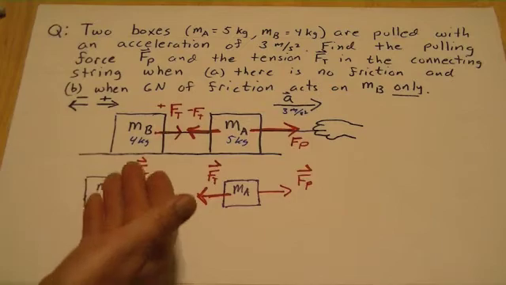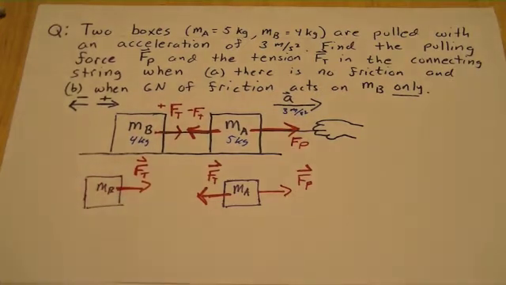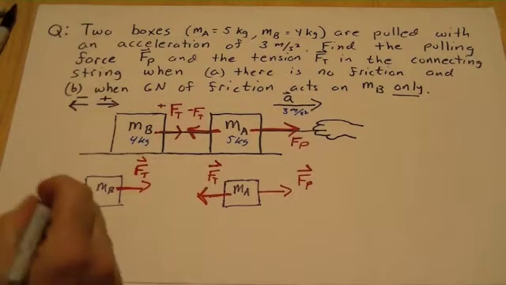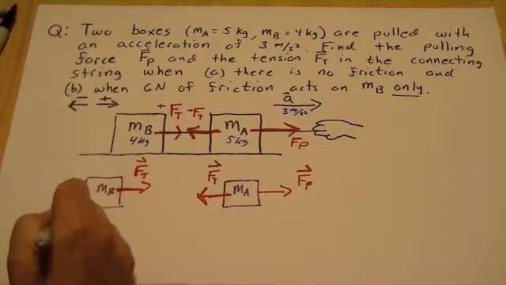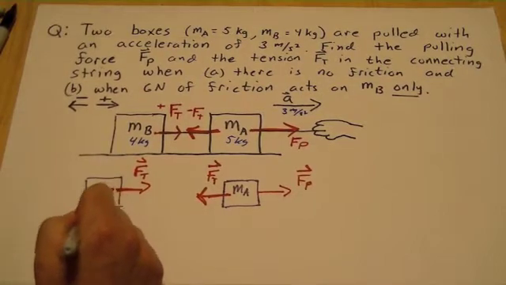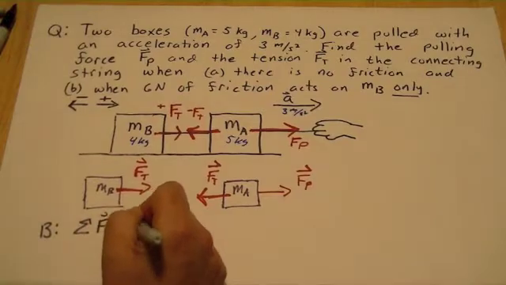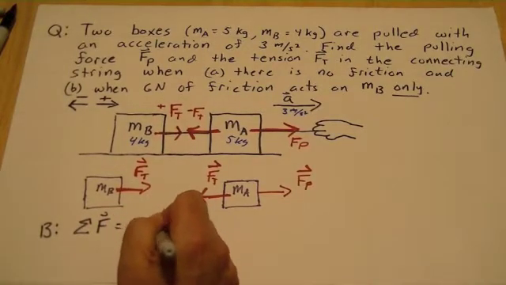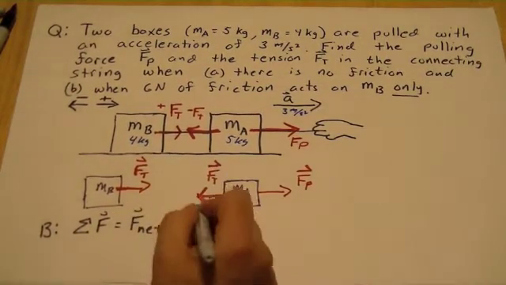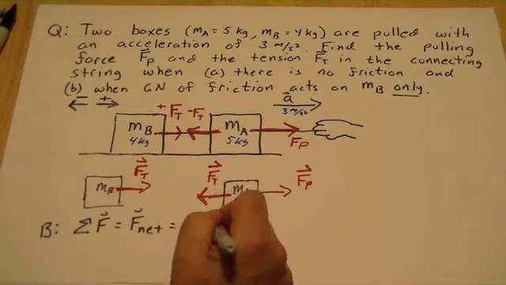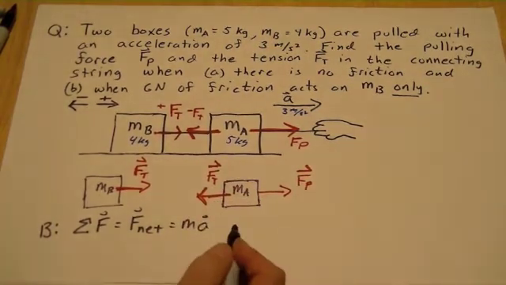So let me first take care of the physics of box B. On box B, just looking at mass B, I can note the rule, Newton's second law, which says the sum of the forces, which we often just write as F net, net being total, is equal to mass times acceleration of the box.